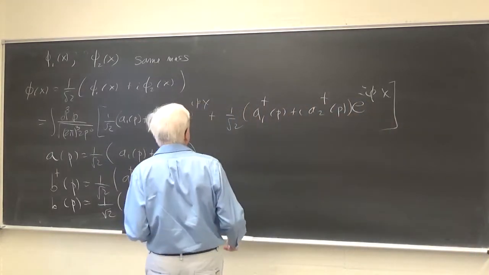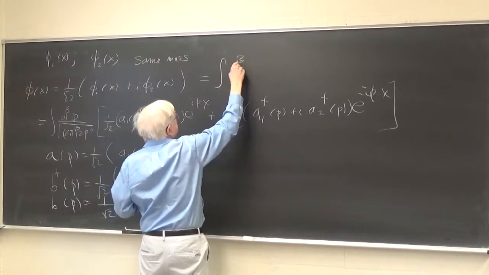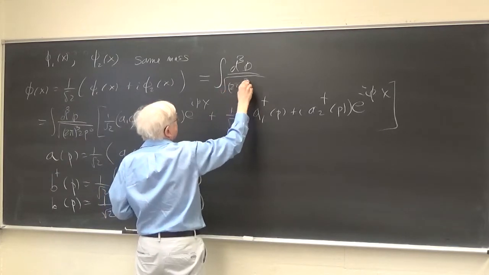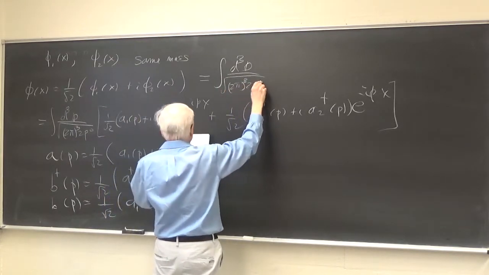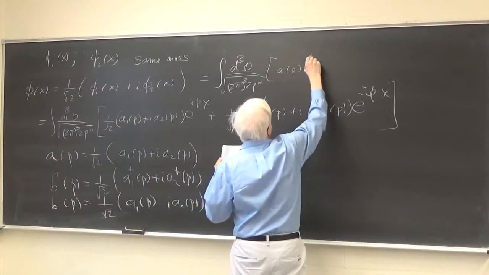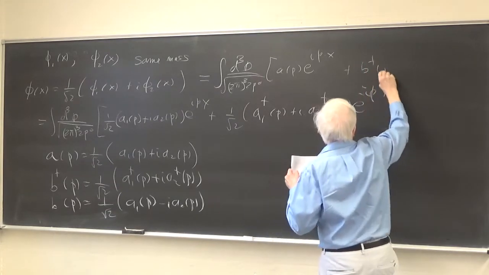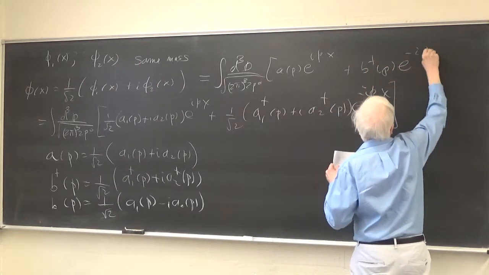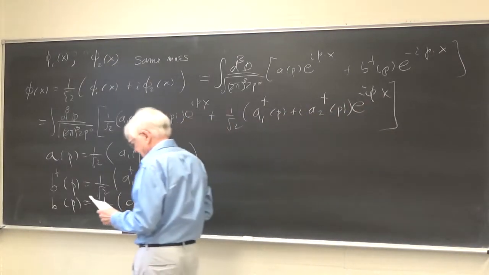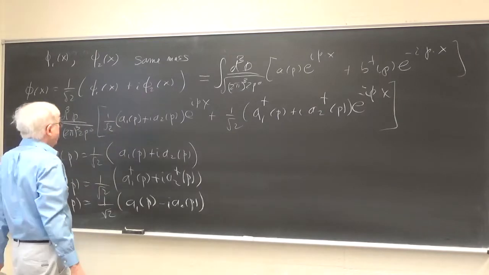And so now the field can be written as an integral dq(p) over square root of (2 pi)^3 2p0, and so that's a of p e to the i px plus b dagger of p e to the minus i px. And phi dagger then is the adjoint of that.